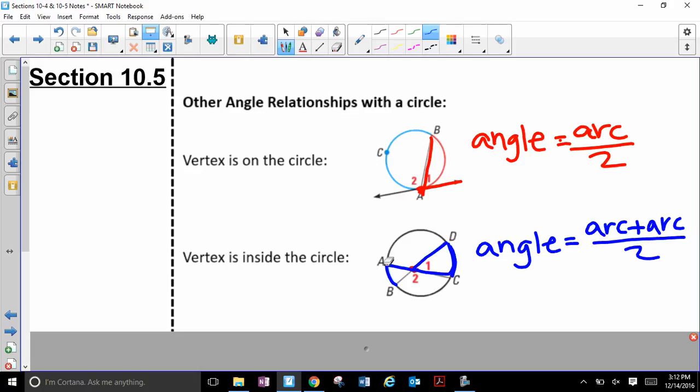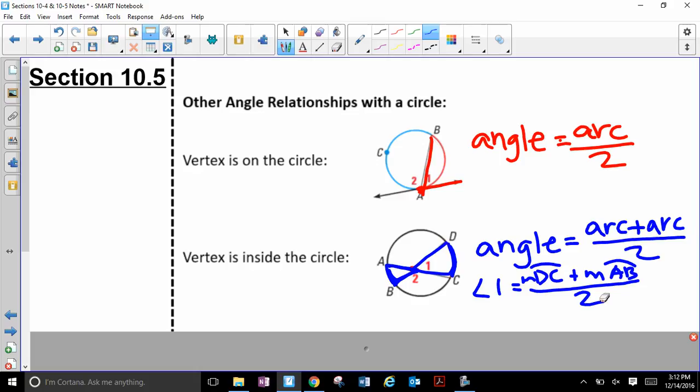And then you find the vertical angle arc, which is this right here, and it's arc AB. So angle 1 would equal the measure of arc DC plus the measure of arc AB, all divided by 2.